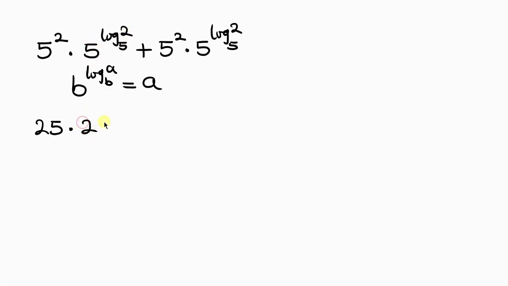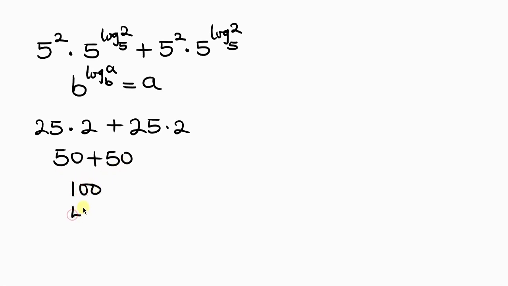So times 2 plus 5 squared is 25 times, since the base here and the base here are the same, we take 2. So 25 times 2 is 50 plus 25 times 2 is 50. And 50 plus 50 is 100. So this is the left-hand side, and it is equal to the right-hand side, which is 100. So our answer is very much correct.